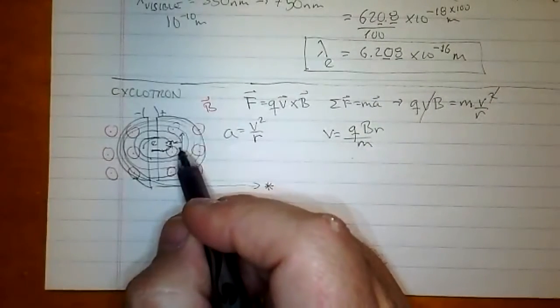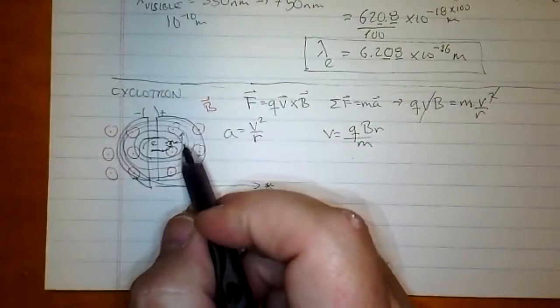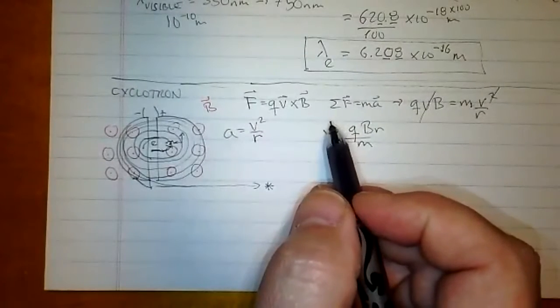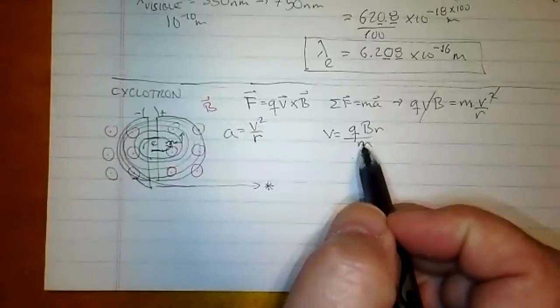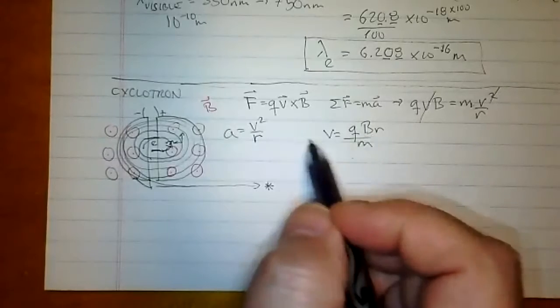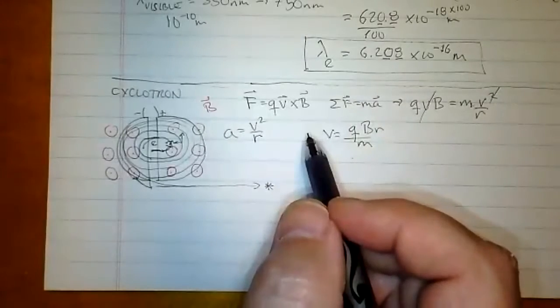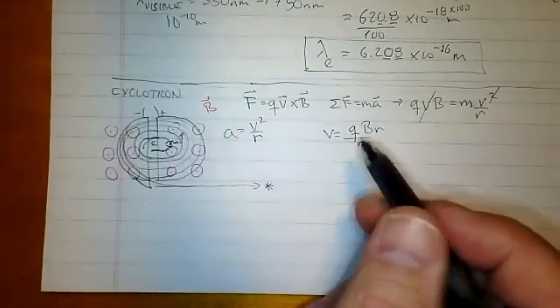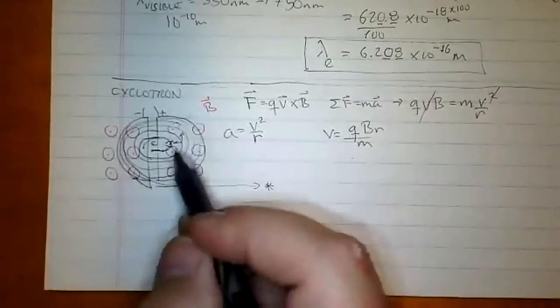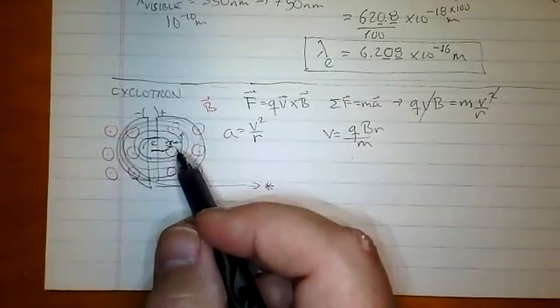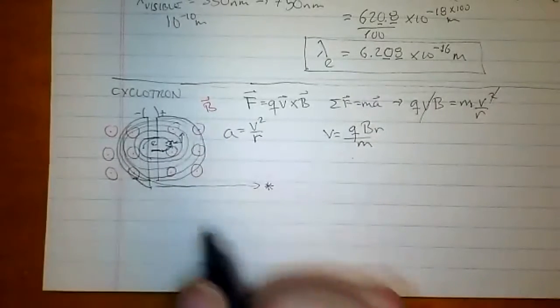So notice as the radius gets bigger, the velocity gets bigger. The magnetic field stays the same, the mass stays the same. So now the velocity is bigger, so now the force is going to get bigger again, which again means that it can take a bigger circle given the strength of the magnetic field. And it's going to keep doing that and doing that and doing that.